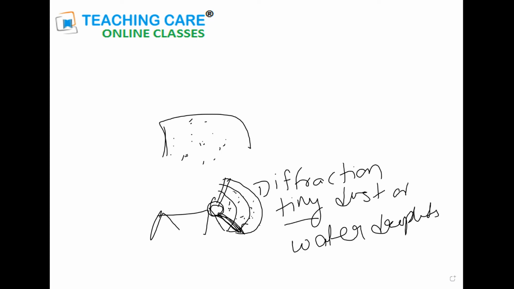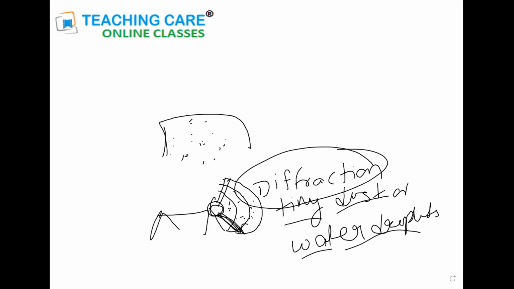These tiny dust particles or water droplets diffract the light wave coming from either the headlight or the street light. That means again the light wave is getting diffracted. Here in this case, dust particles and water droplets act like a gap in a barrier. Clear? Clear.